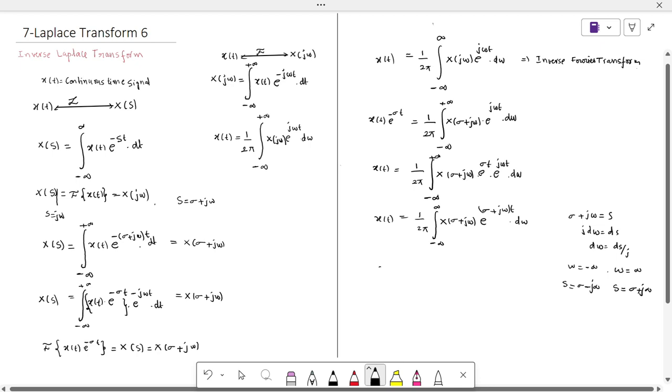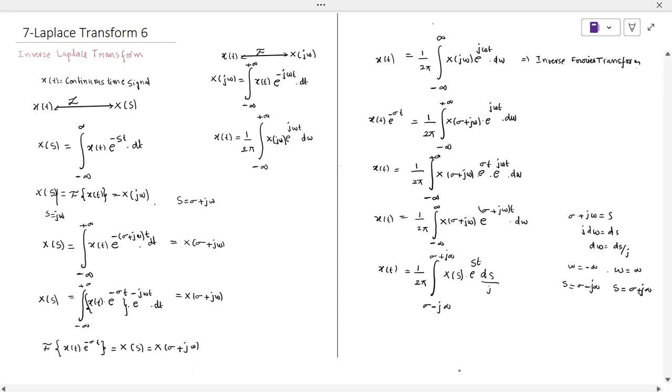So finally, x of t is equal to 1 by 2 pi integral from sigma minus j infinity to sigma plus j infinity of x of s into e power st. What did we get for d omega? d omega equals ds by j.